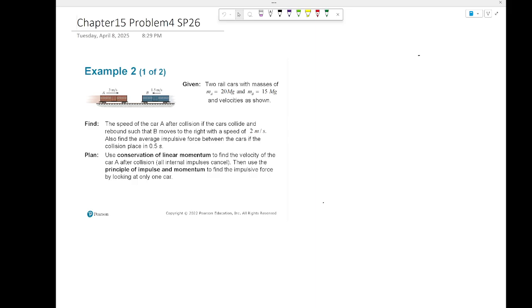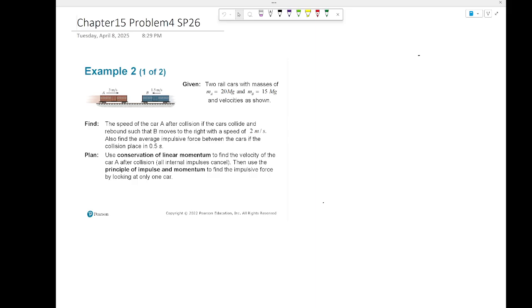And velocities are shown as 3 and 1.5. Those are hitting each other. The speed of car A after collision is what we're going to find, if the cars collide and rebound such that B moves to the right.